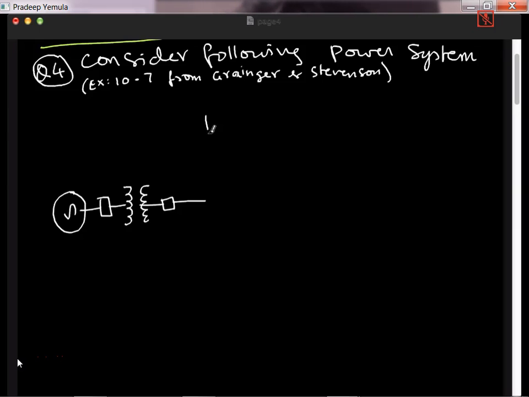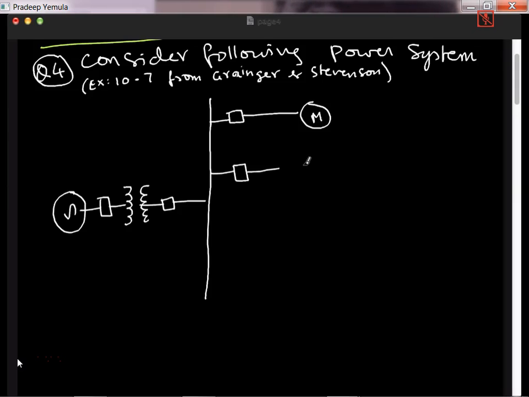For this bus bar, 4 motors are connected. So this is motor 1. I'll write M to represent the motor. Then this is motor 2, this is motor 3, and finally there is motor 4.